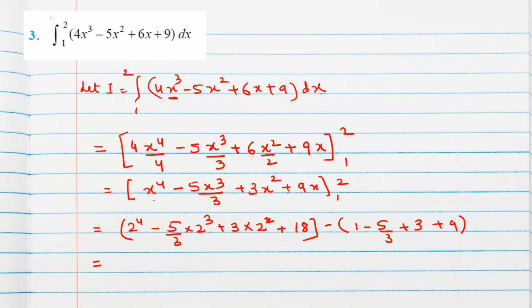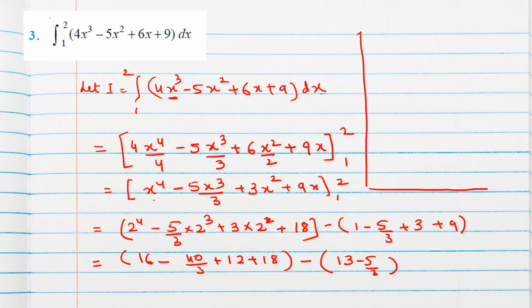So we can simplify this. 16, minus 40 by 3, plus 12, plus 18. Minus, here it will be 13 minus 5 by 3. So if we add 16, 12 and 18, we get 46, minus 40 by 3 here, and here from 13 we can multiply by 3, 39 minus 5 by 3.